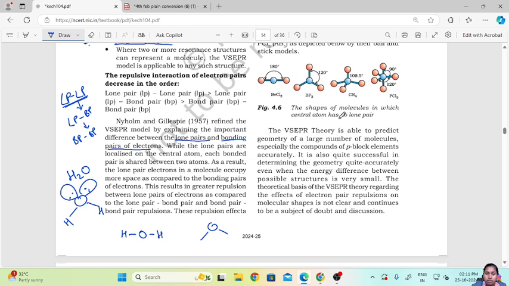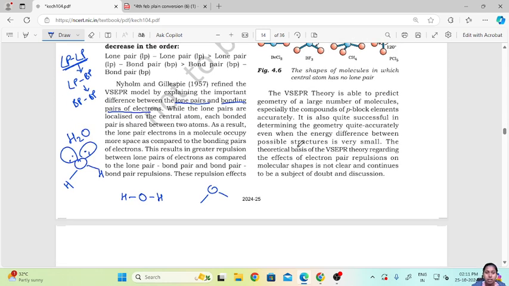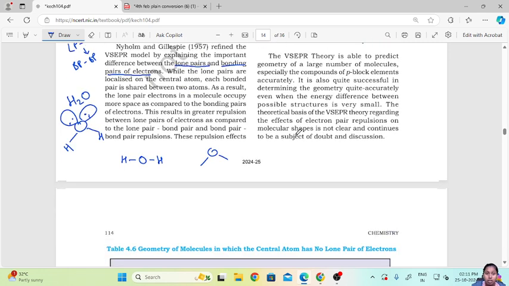Now, the VSEPR theory is able to predict the geometry of a large number of molecules, especially the compounds of p-block elements, accurately. Their geometrical shapes are predicted accurately.